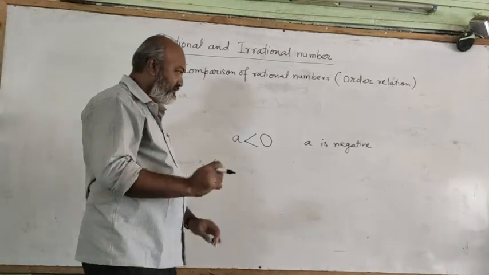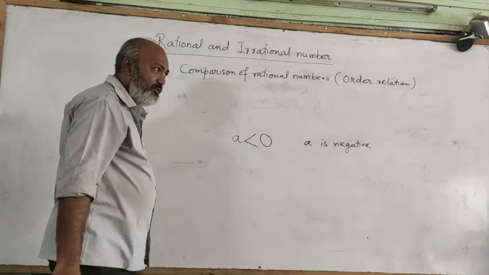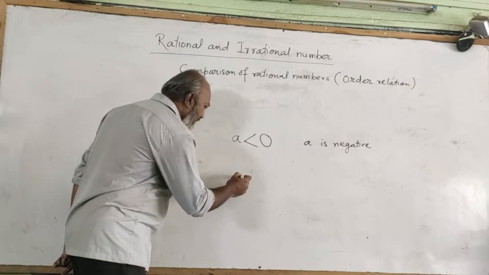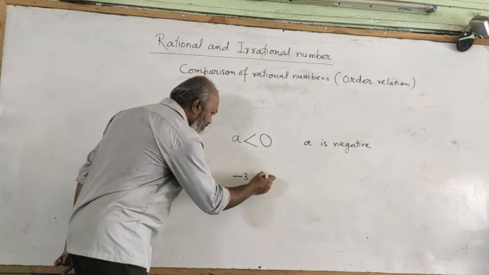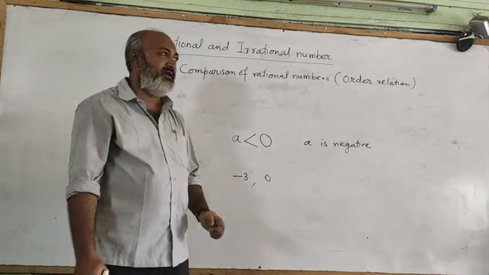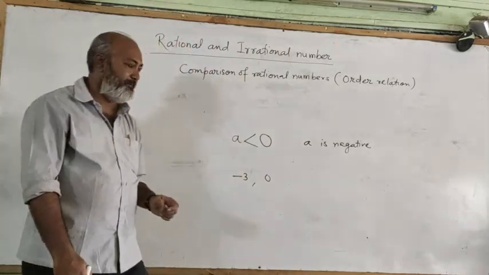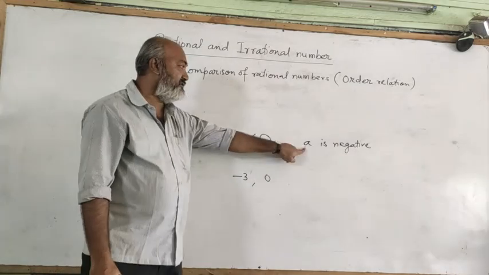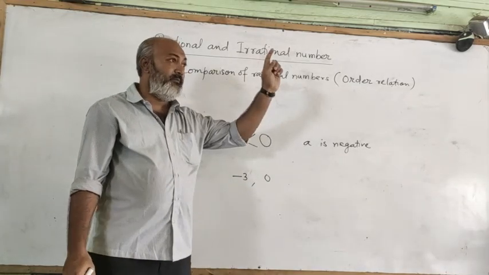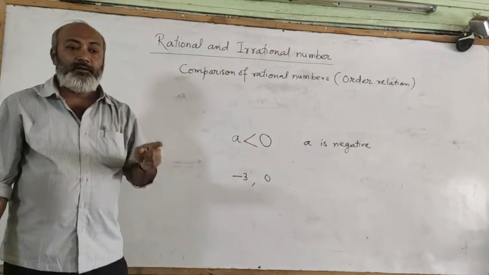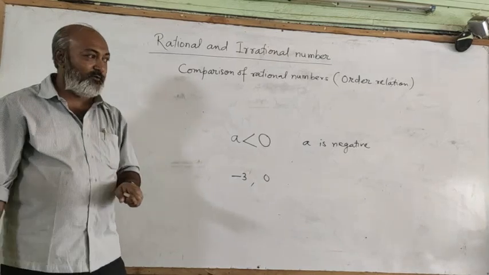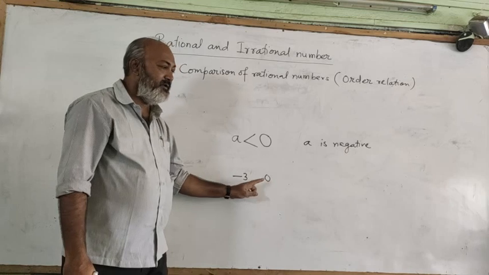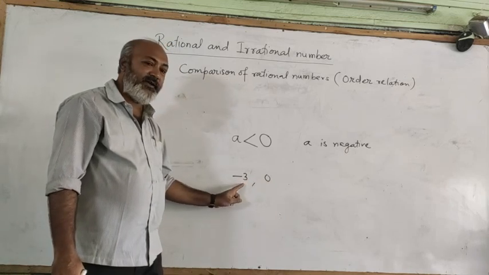For instance, if you have to compare two numbers, -3 and 0, you have the knowledge that all negative numbers are less than 0. Here -3 is a negative number and the other is 0, meaning 0 is greater than -3.